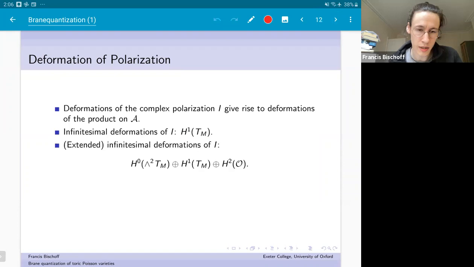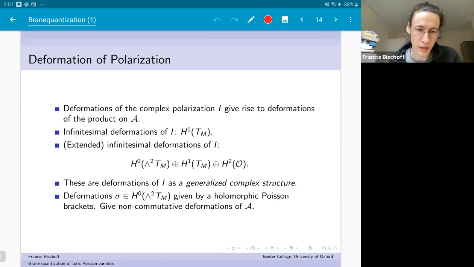But in fact, there's a larger space of deformations. The deformations of the complex structure itself are only one piece in a larger space. And this larger space of deformations corresponds to the deformations of I as a generalized complex structure. I'll get back to this in a moment.